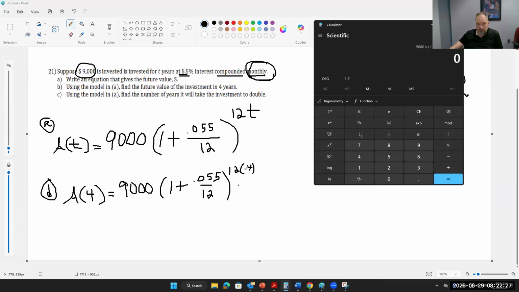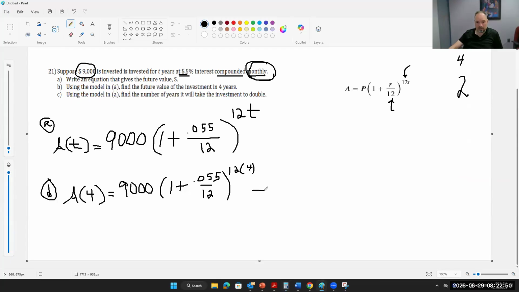And I'm just going to put 48 because I can multiply that out. So in 4 years, this investment is going to be worth 11,209.06.